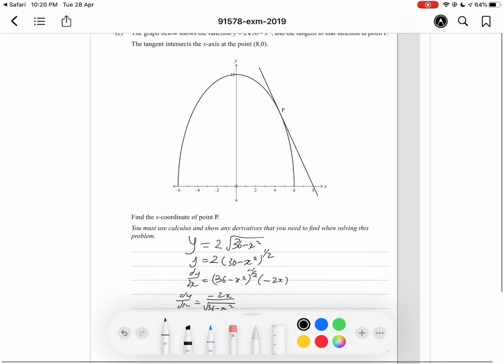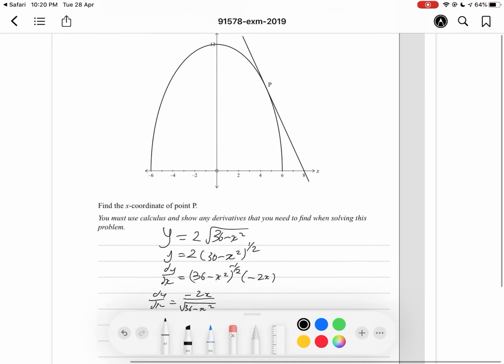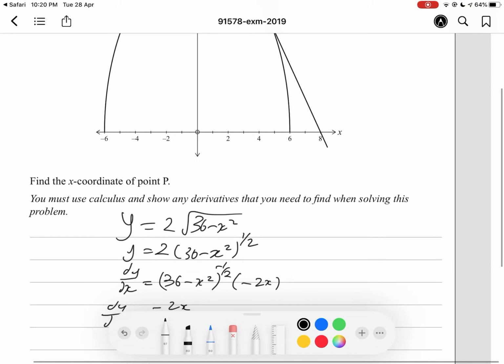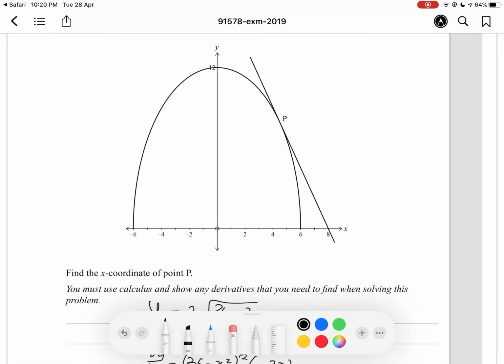Alright, so that's our gradient function, but we need to find another equation for our gradient and make them equal to each other. So for P, we know the tangent passes through 8, 0, and we'll call this point x, y.